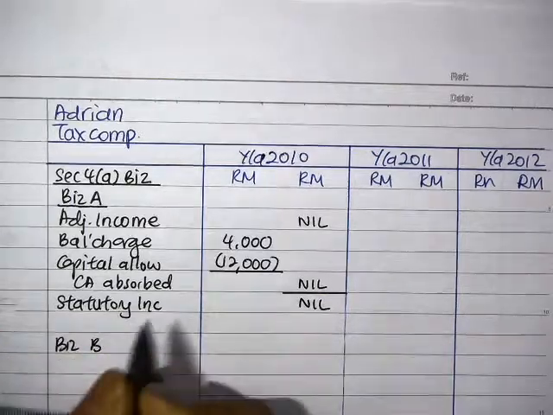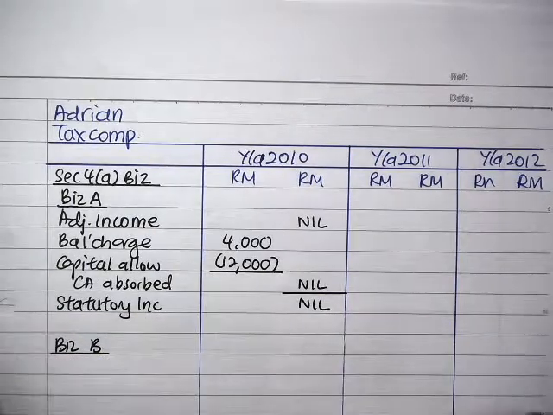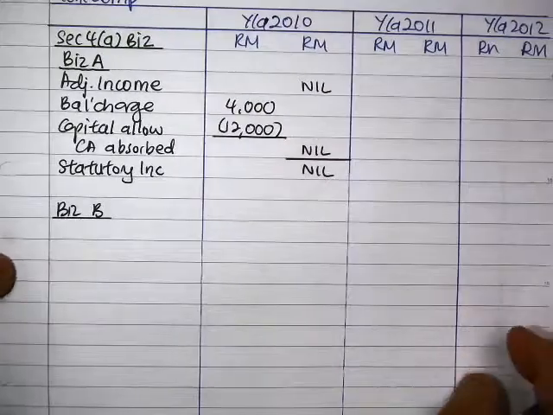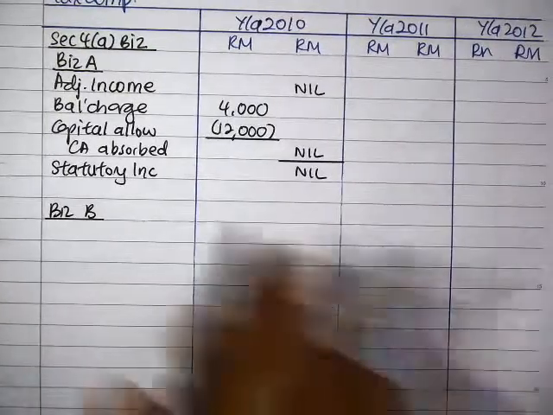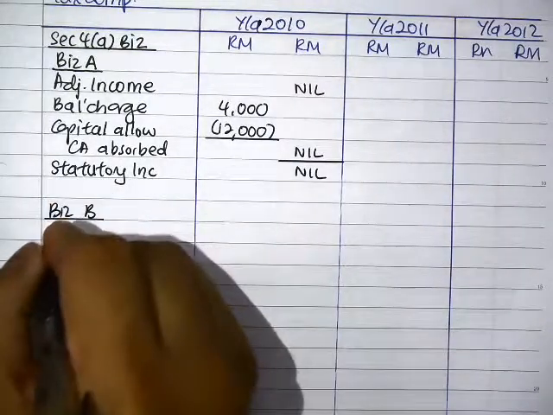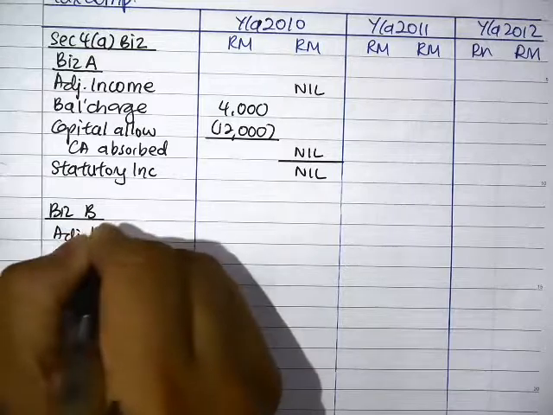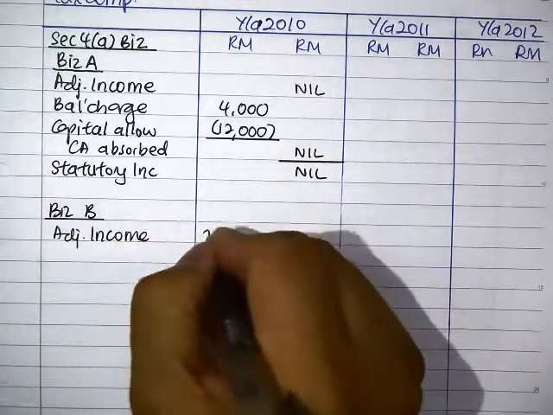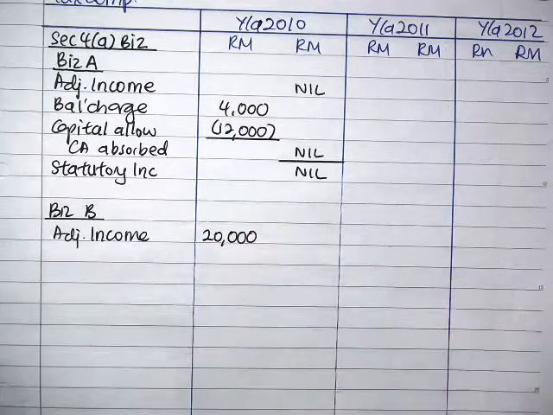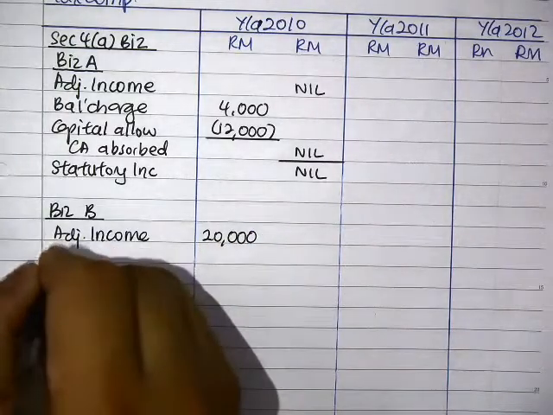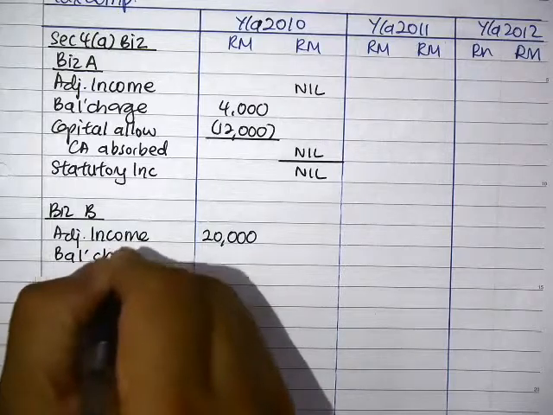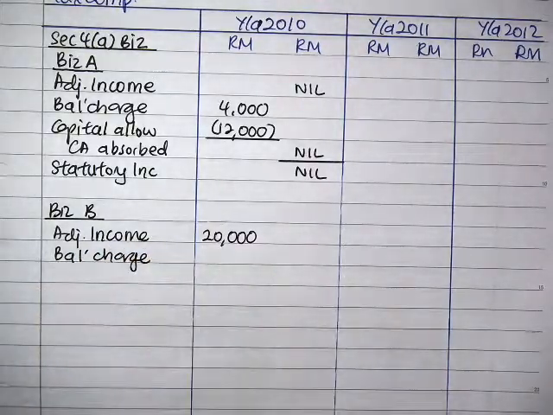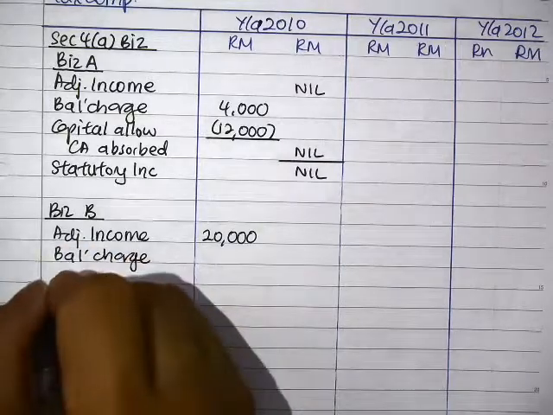Right, for business B, now the adjusted income is given as 20,000. Right, just put down the space, balancing charge. So this is to get ready for the coming year of assessment.